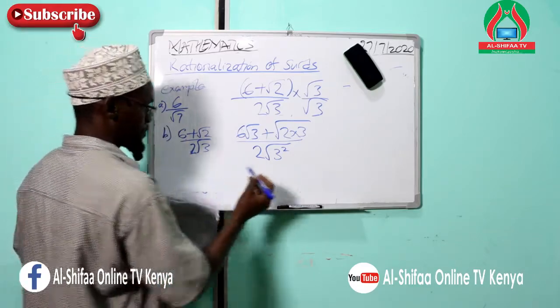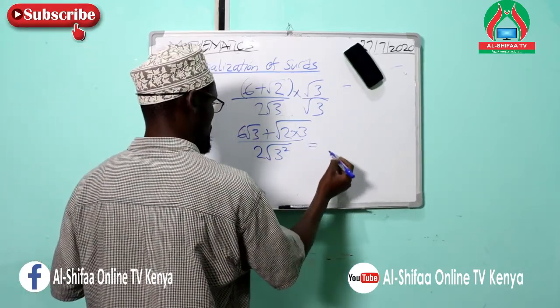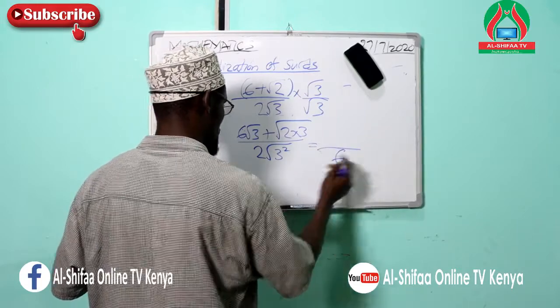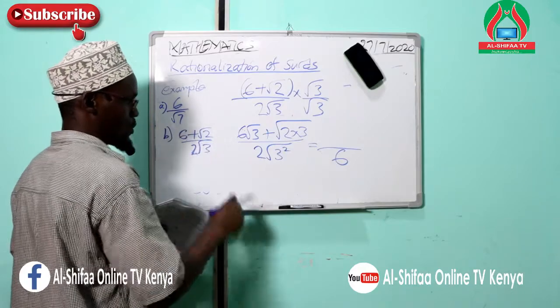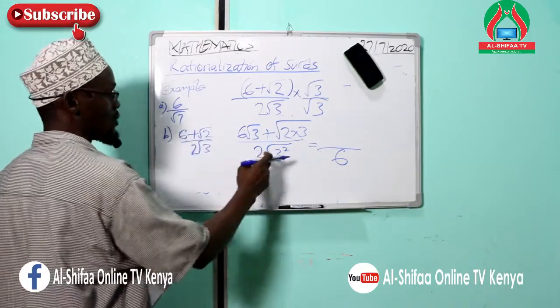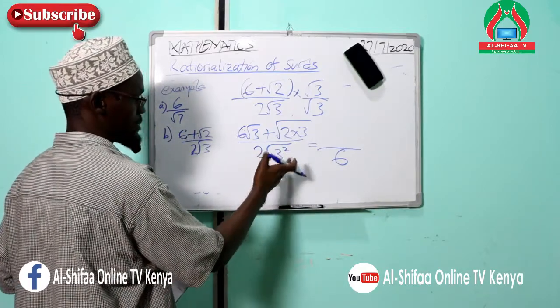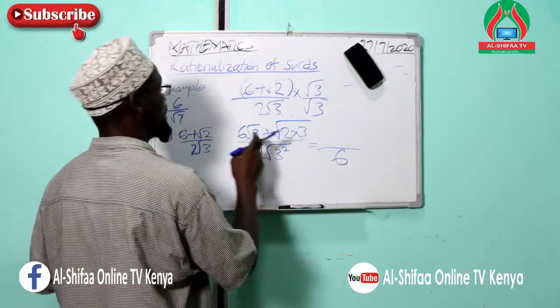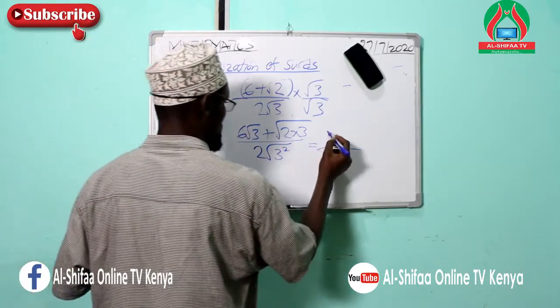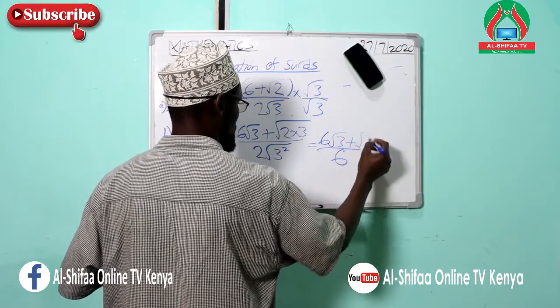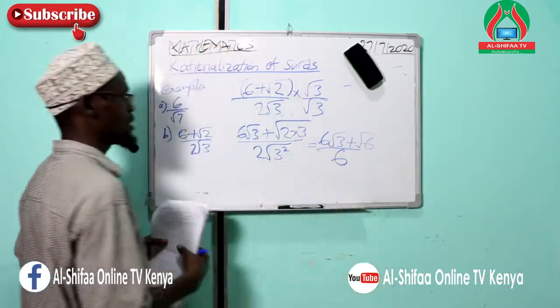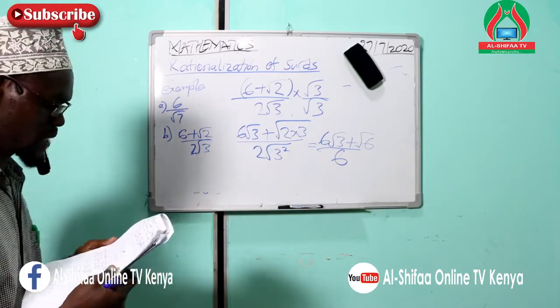On the bottom side we'll get 6, since root 3 squared is 3, multiplied by 2, you get 6. Then here we'll have 6 root 3 plus root 6 over 6. And there, you have rationalized.